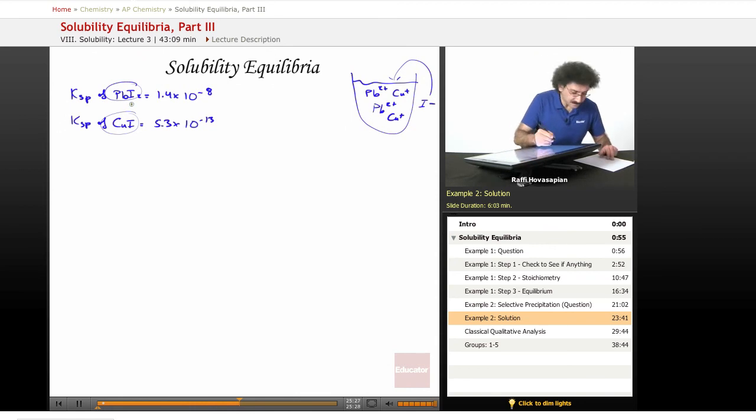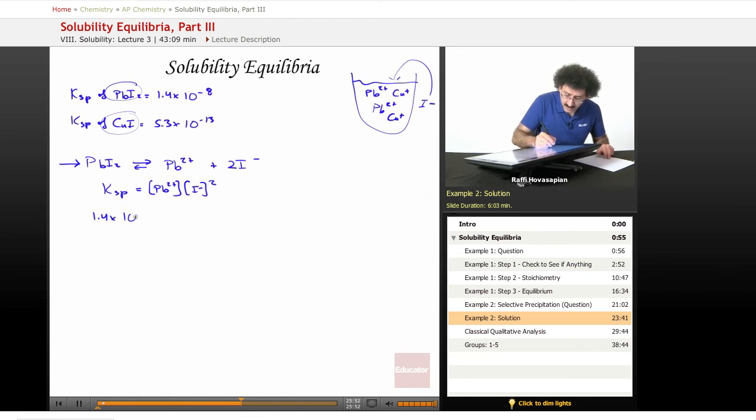Okay. So let's do PbI2. PbI2 is going to be in equilibrium with Pb2 plus and 2I minus. The KSP expression equals Pb2 plus times I minus squared. Well, we know the KSP is 1.4 times 10 to the negative 8.